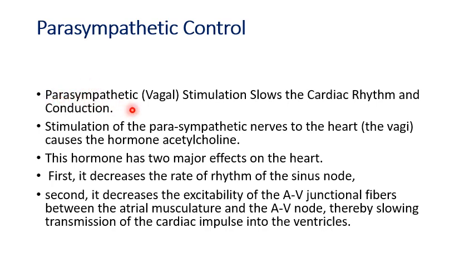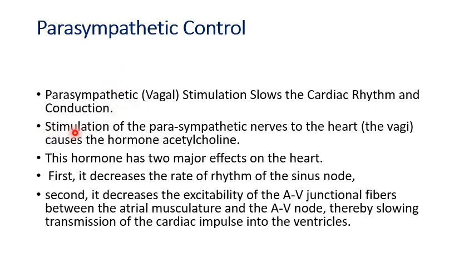The parasympathetic innervation of the heart is via the vagus nerve, and the supply by the vagus nerve is mainly to the SA node and AV node, rather than the ventricular walls. So any parasympathetic or vagal stimulation will affect the cardiac rhythm as well as the conduction between the atrium and the ventricle.